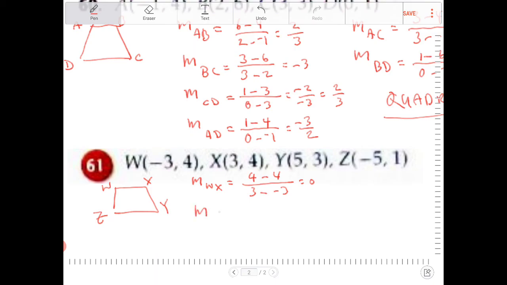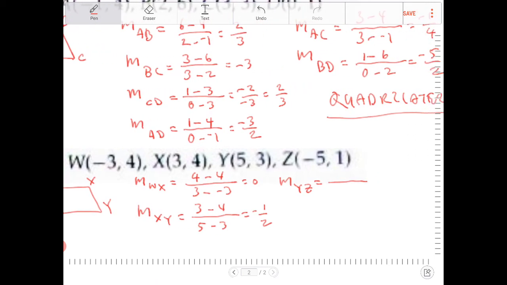The slope of XY, and that will be 3 minus 4 over 5 minus 3, and that will be negative 1/2. The slope of YZ, and that will be 1 minus 3 over negative 5 minus 5, which is negative 2 over negative 10, which is equal to 1/5.